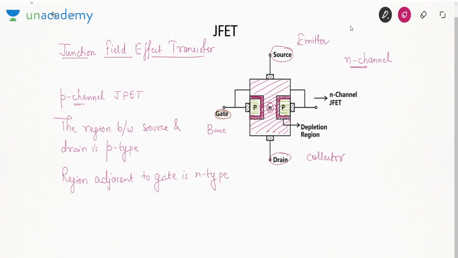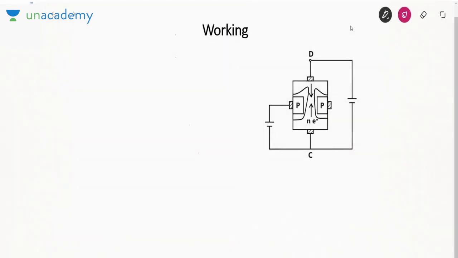In that case, we exchange the nature of the P and N regions, and that will be called a P channel JFET. Okay. So first we will talk about N channel JFET, and then we will talk about P channel JFET. So let us first understand the working of N channel JFET. If you see the diagram on your screen, what we have done is we have applied the voltages between the two terminals.